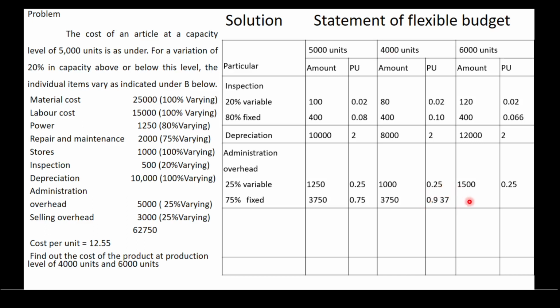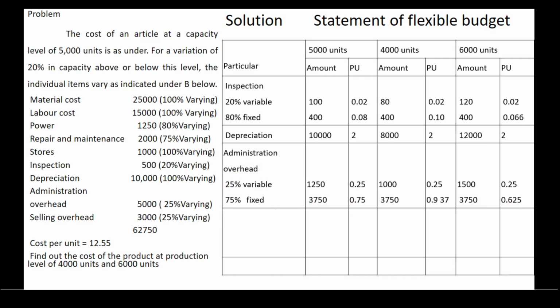In the 6000, here also the amount is the same. That is 3750 rupees. So it is divided by the 6000 units. The cost per unit is rupees 0.625. So this is the calculation of administration overhead. Here 25% is variable and 75% is fixed.